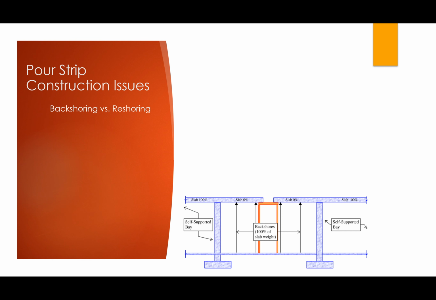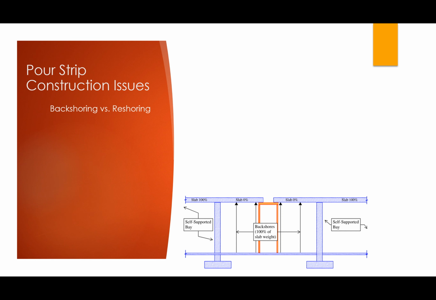You have 2 cantilever slabs, essentially, but the slab is not designed to be a cantilever. The slab is designed to be continuous through this bay. And so there's really no ability for the slab to self-support in this particular pore strip bay, right? And so that's the idea of backshores.